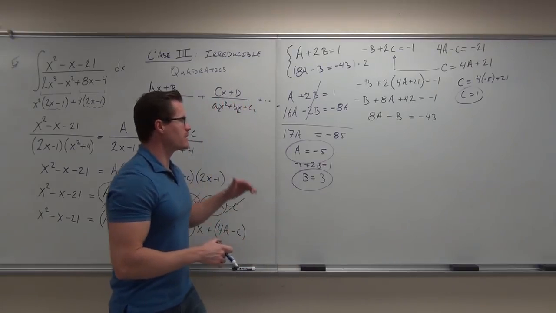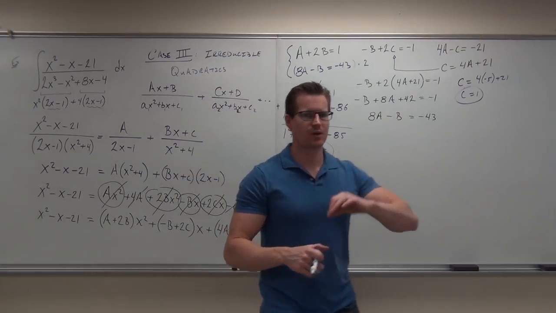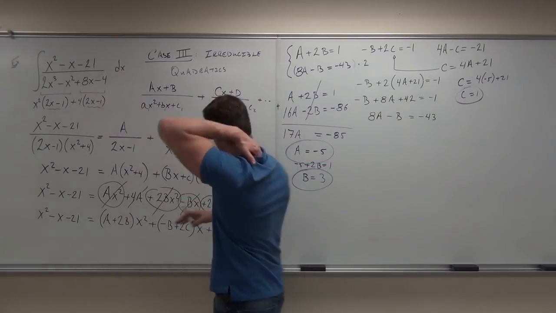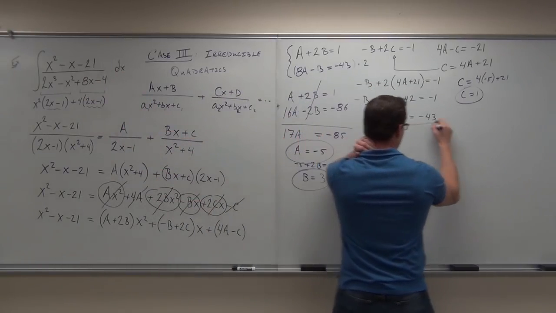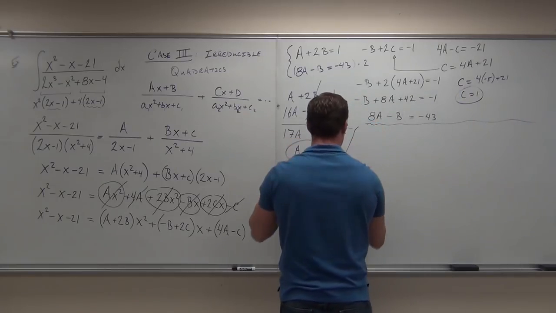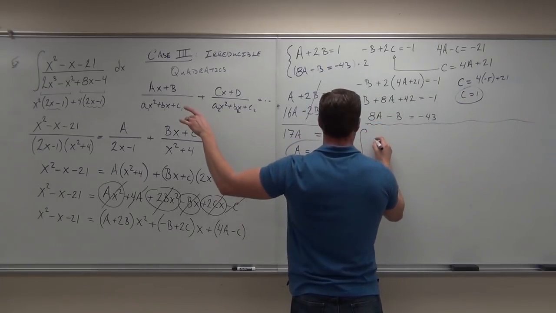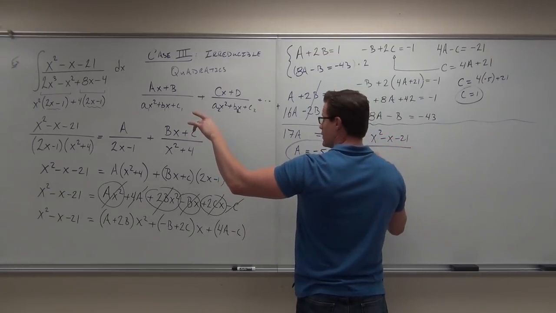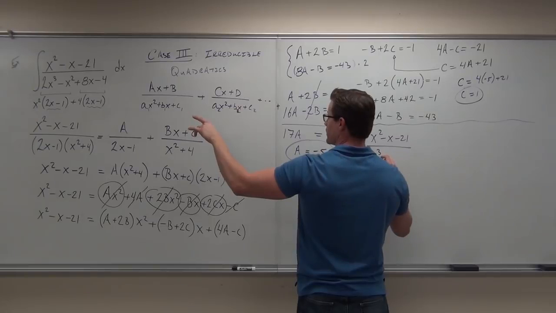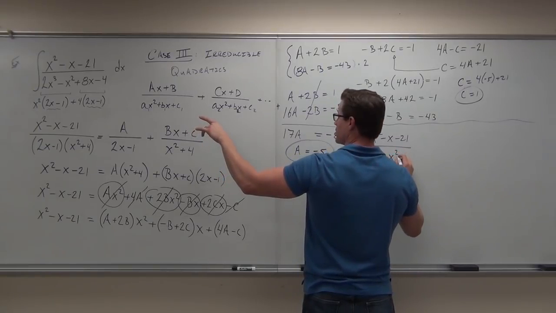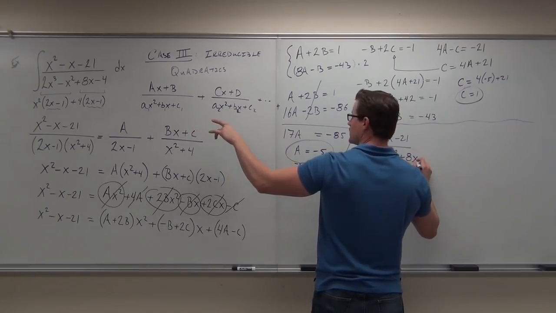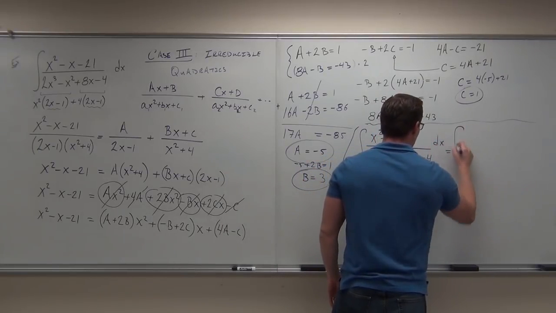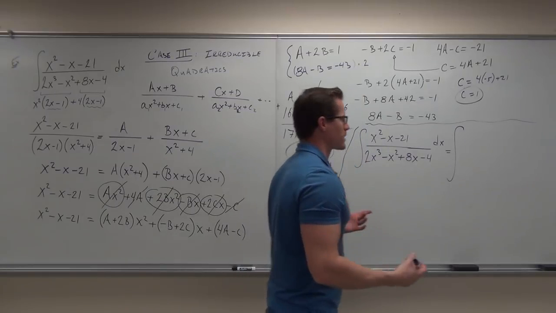Hey, now that we have our coefficients, can we rewrite our integral? I know we've done a lot of algebra, okay, but I'm going to come right back to here. So our integral of x squared minus x minus 21 over 2x to the third minus x squared plus 8x minus 4, dear goodness me, equals an integral of 2 fractions now.